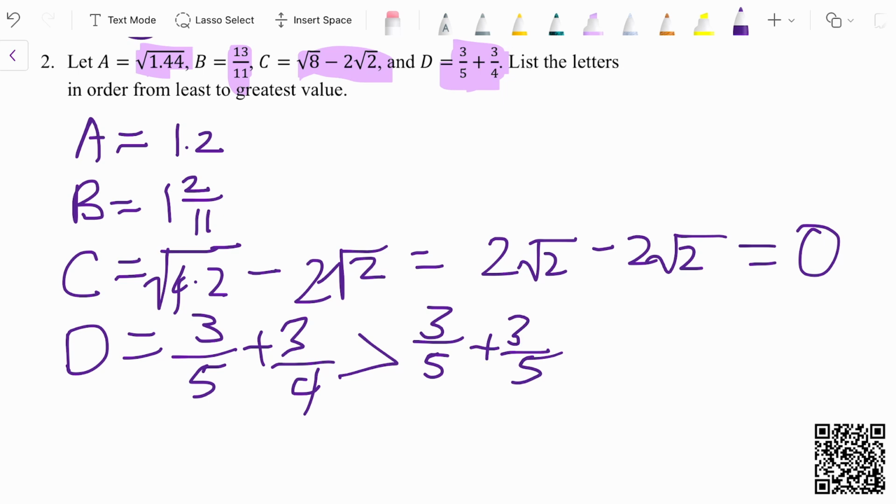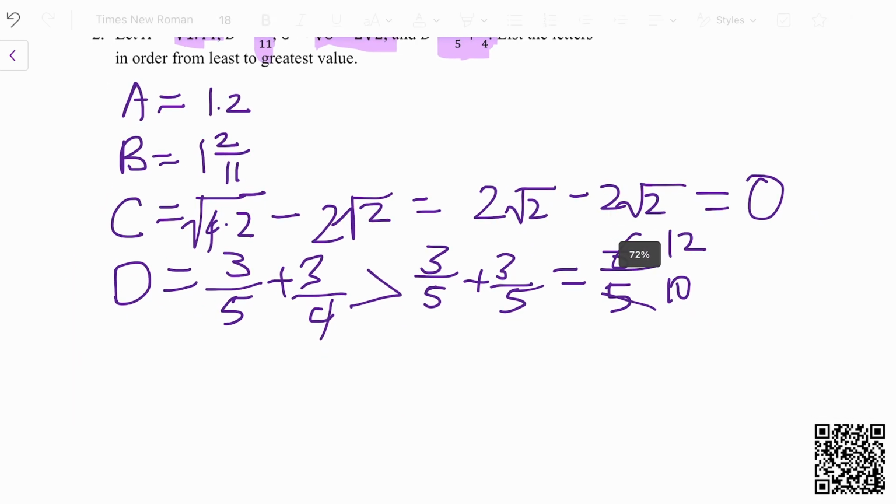And 3/5 plus 3/5 is then equivalent to 6/5. If we make the bottom 10, the top would be 12. 12 over 10 is also equivalent to 1.2. This means that D is greater than 1.2, aka what A is.